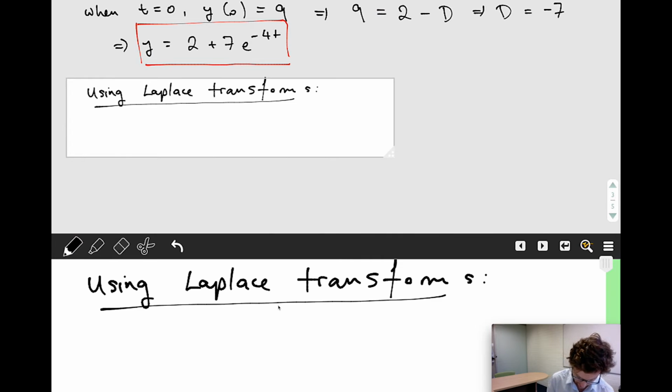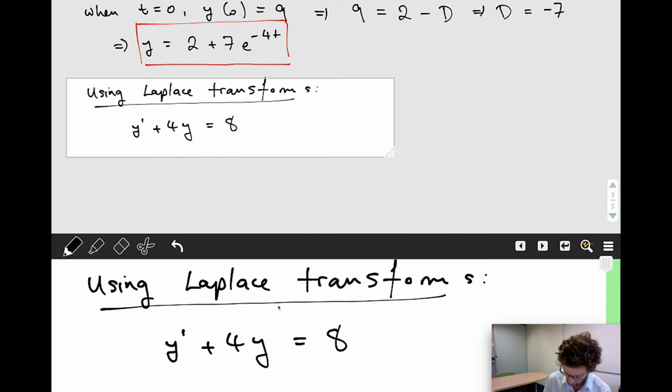So let's write down the differential equation again. y prime plus 4y is equal to 8. And we're told that y at 0 is equal to 9.